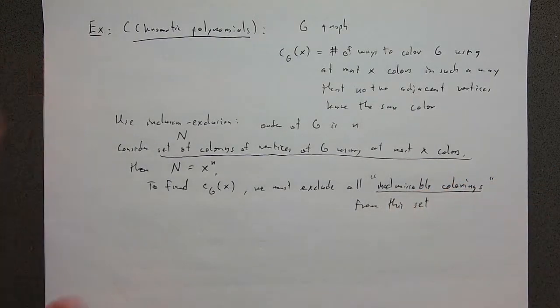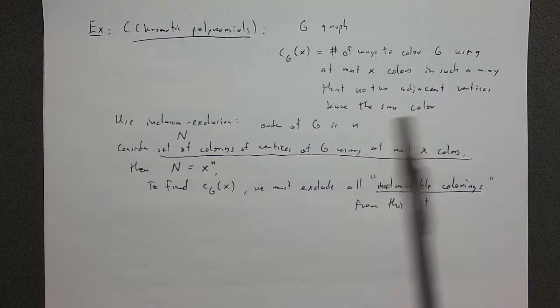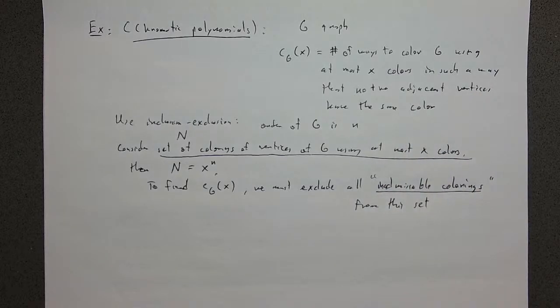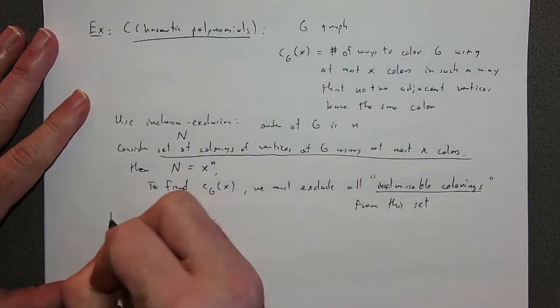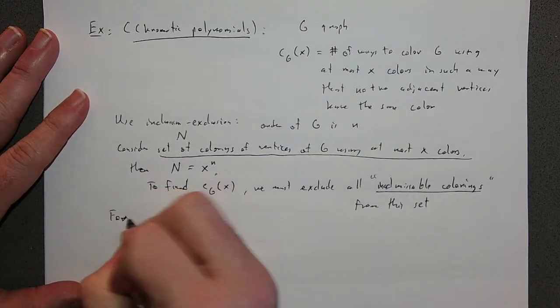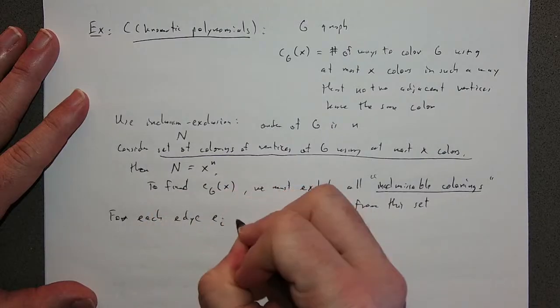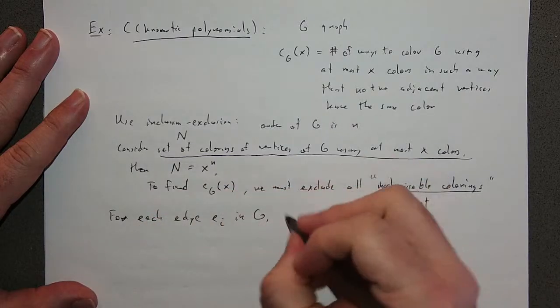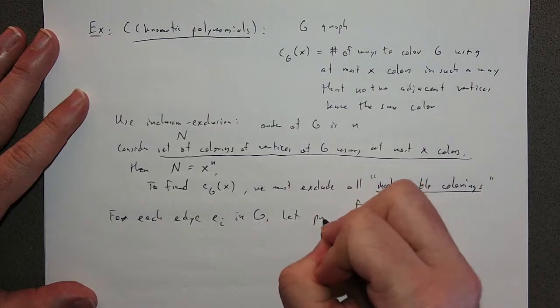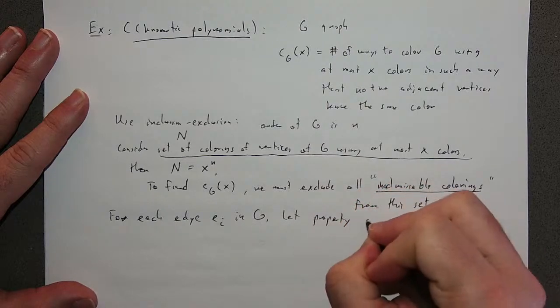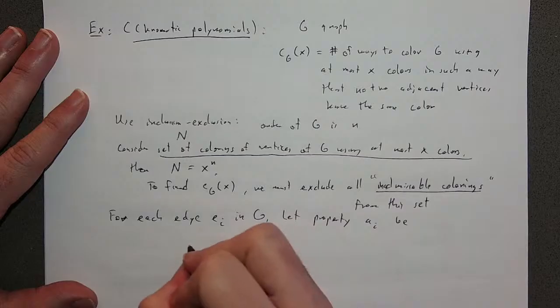But what is an inadmissible coloring? Well, it's a coloring where there exists a pair of adjacent vertices that have the same color, right? So, for each edge E sub i in the graph G, let the property A sub i be the following.